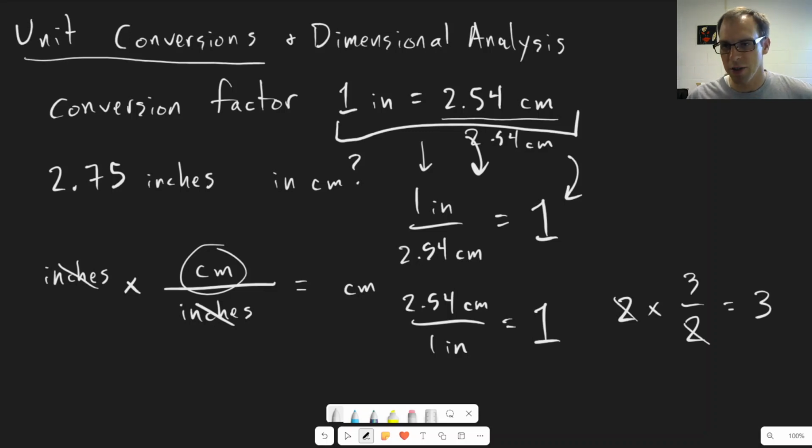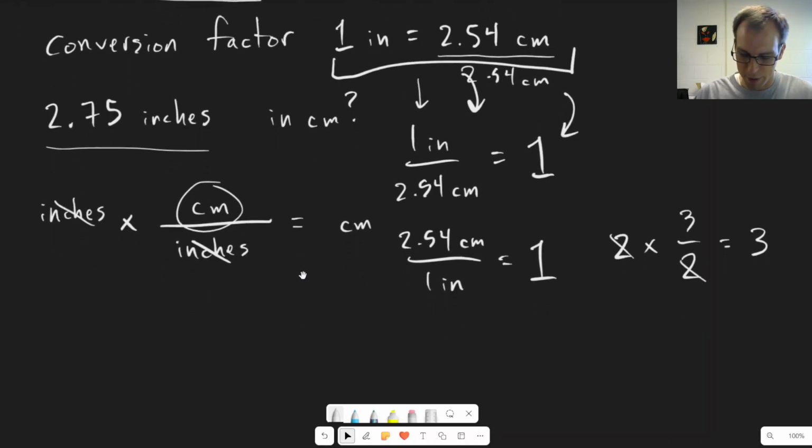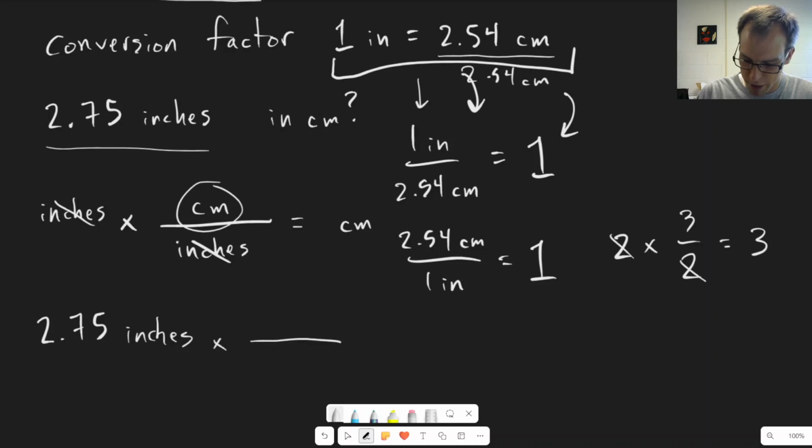Let's look at this in action with my value from up above, my 2.75 inches. Let me scroll down and give myself a little bit more space. So 2.75 inches, and then we want to multiply by a conversion factor. Now we have 2 different options here. We can multiply by the 1 inch over 2.54 centimeters, or we can multiply by the 2.54 centimeters over 1 inch. Which one should we use?